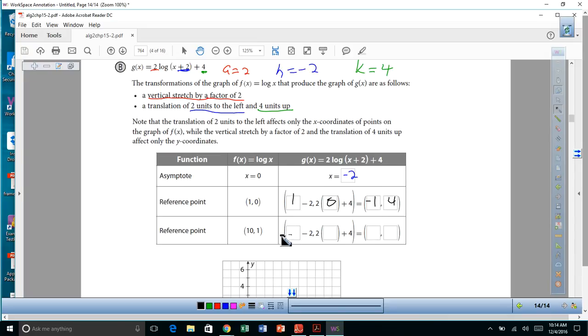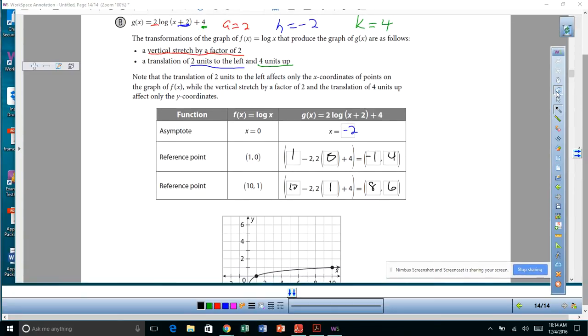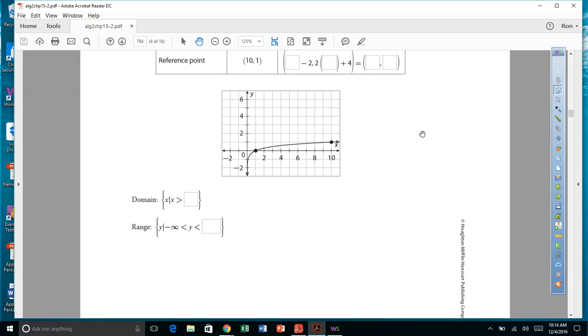And then we're going to have 10 minus 2, and then 2 times 1. So 10 minus 2 is 8, and 2 times 1 is 2, plus 4 is 6. So there's going to be our points. And I'm going to have to get to that page.